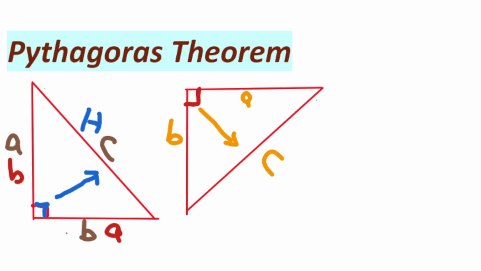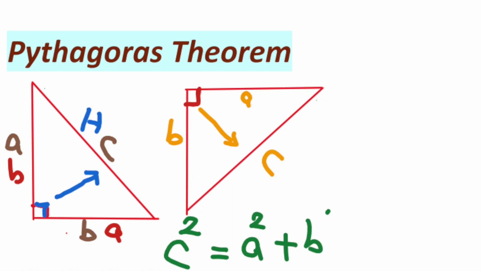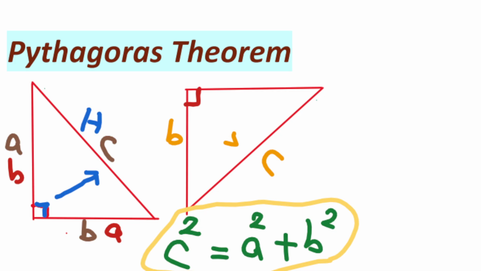Now, knowing this will make us go to the next step. We need to see and understand the formula. This is important and you need to memorize it. So the formula is C squared is equal to A squared plus B squared. This means in the question they will give you two of them and they will ask you to find the third.